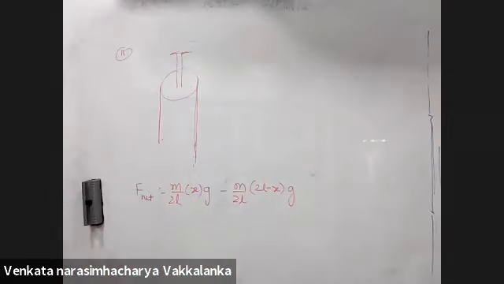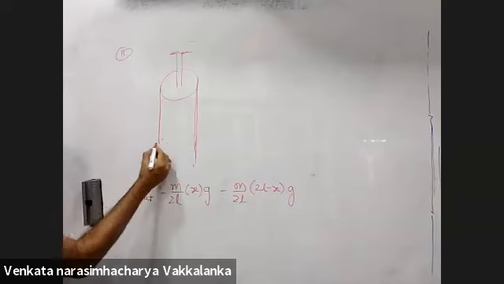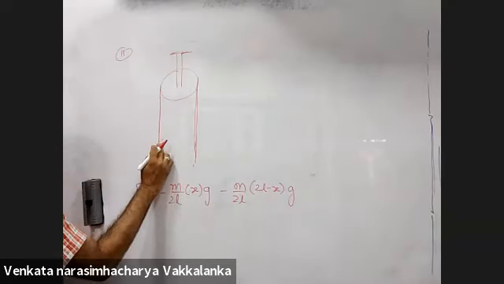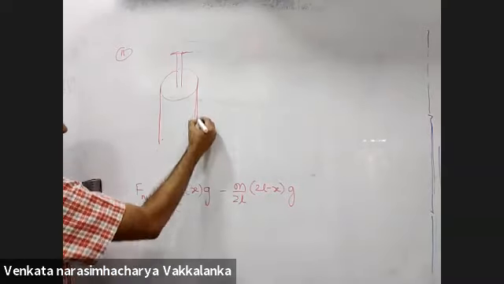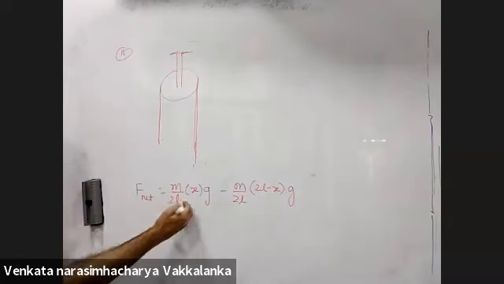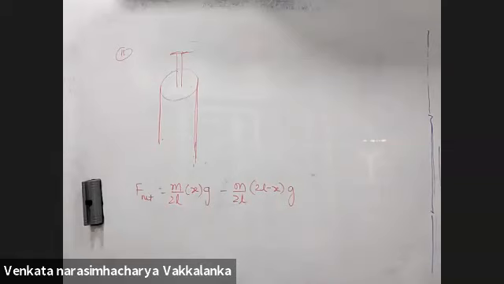Do you agree with this? It is as good as telling you make this string of negligible mass and place a mass of this value and this value here. Whole of the mass of the rope I placed it here. This is the net unbalanced force. First step, is it clear to all? Yes, sir.